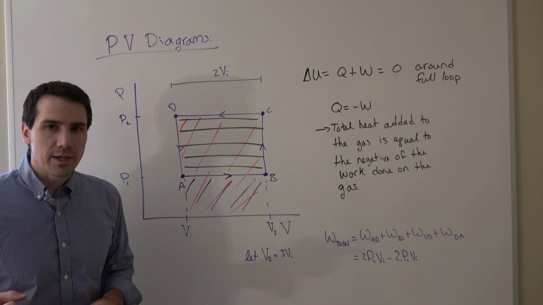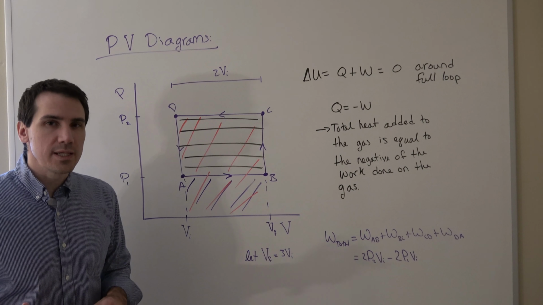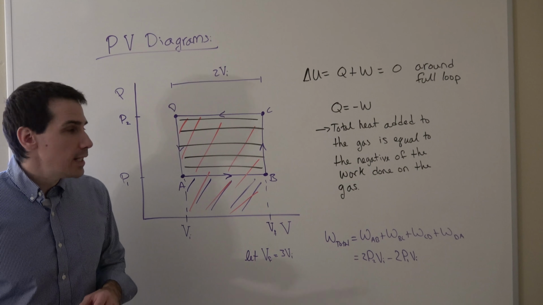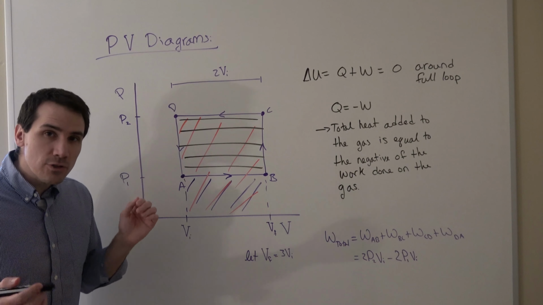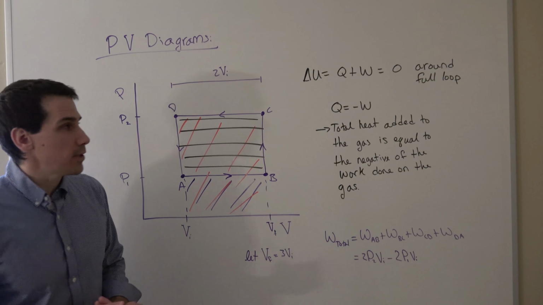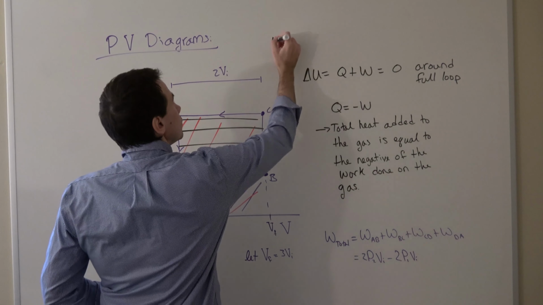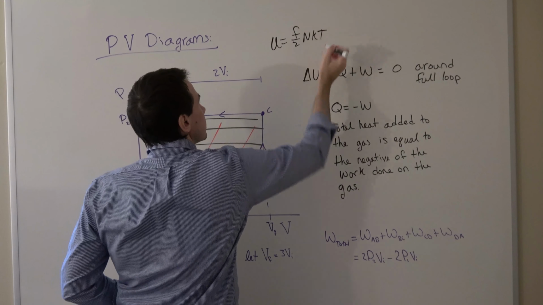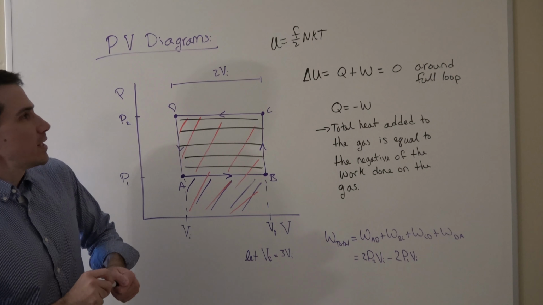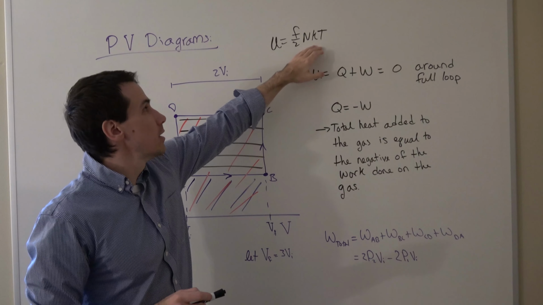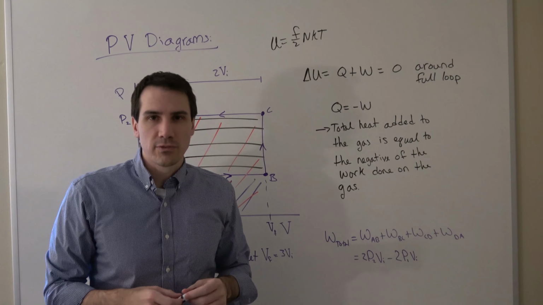Another thing that we can think about with PV diagrams is the total change in energy around a full cycle. Now, the energy of a gas, if you remember from the equipartition theorem, is U equals f over 2 NkT. So the energy of a gas depends only on its temperature, the number of particles, and the number of degrees of freedom.